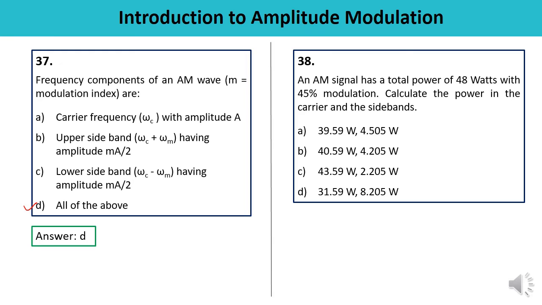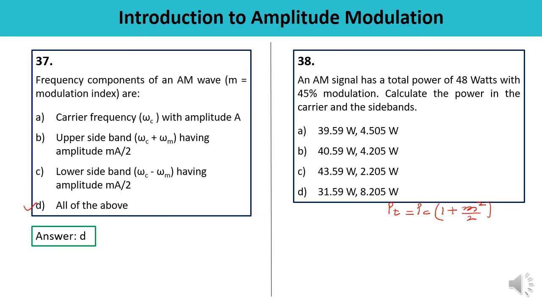Next question, question number 38. Here an AM signal has a total power of 48 watts with 45% modulation. Calculate the power in the carrier and the sideband. You know the formula for total power: carrier power times 1 plus m square upon 2.